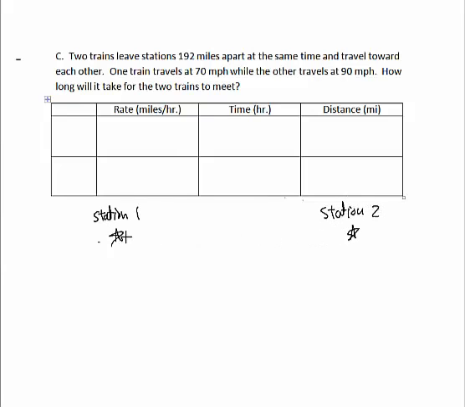So if you imagine taking two pencils and drawing lines toward one another, one slower than the other one, then the slower one would travel a certain distance, and then the other one would travel the remainder of the distance.